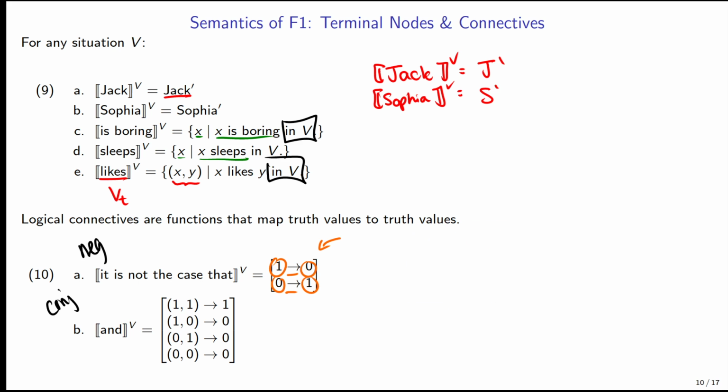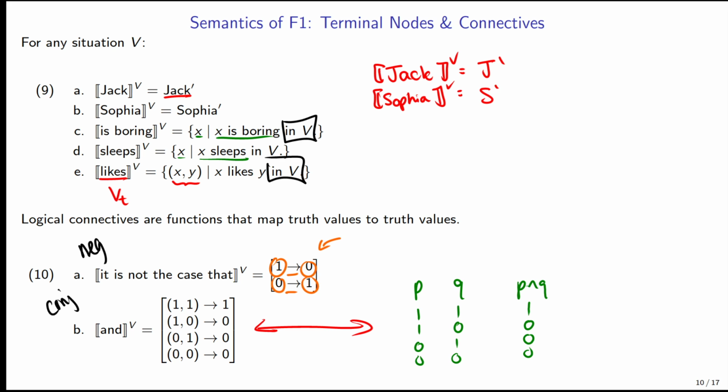With a conjunction, remember this takes two things. So if you have P, Q, then you get P and Q. If we draw the truth table out for this, I won't use different colors for ones and zeros because at this point we're very familiar with it. This matrix representation is just the truth table written out in function form.